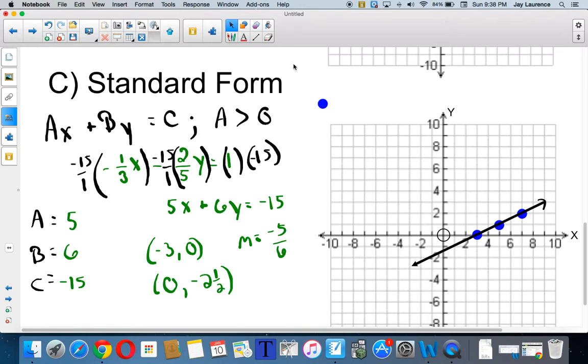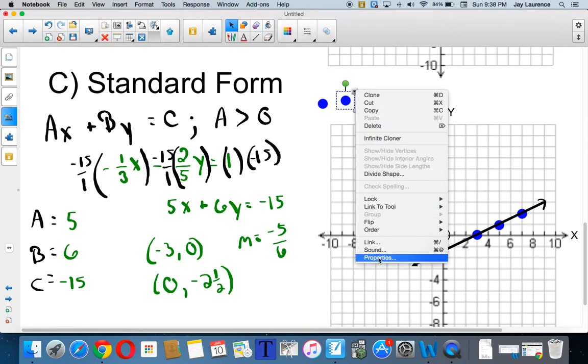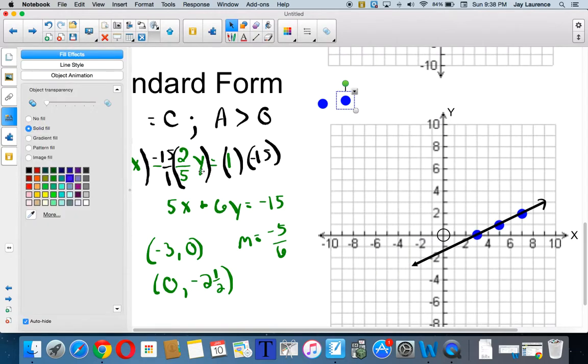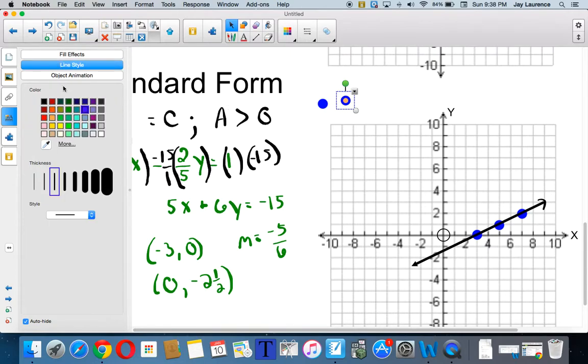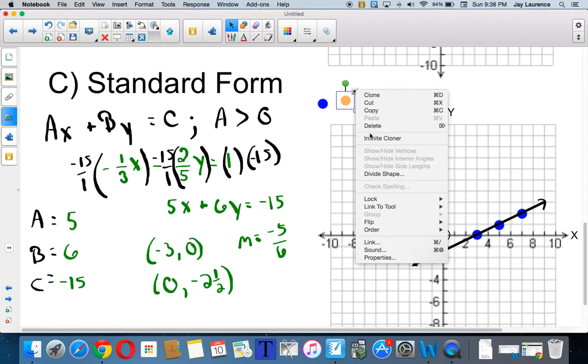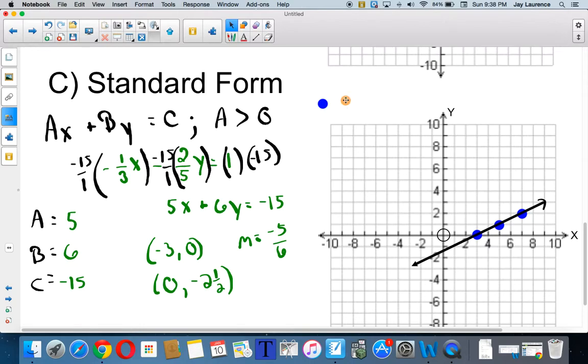So let me plot this in a different color here. Properties, change color of him, something uniquely different, and there we go. And we'll clone him. All right, so we're going to have negative 3, 0. Okay, and then my slope is negative 5 over 6.